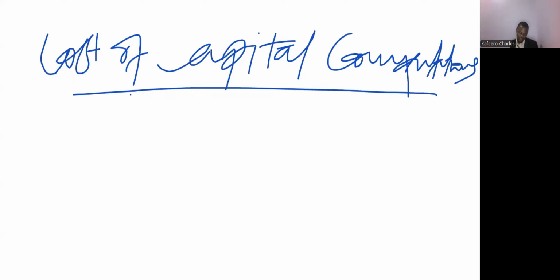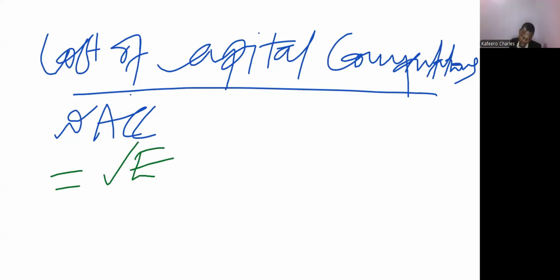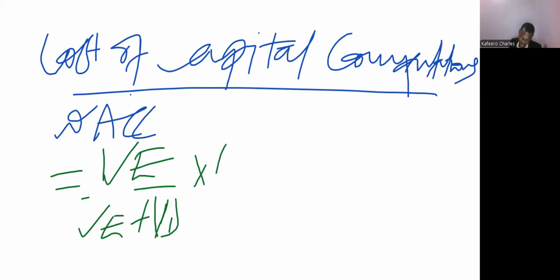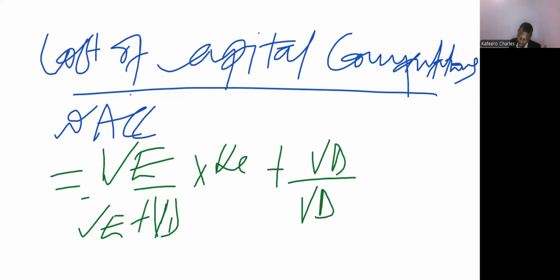Since we have done that, we want now to look at computation of what we call the WACC, which I gave the formula as VE over VE plus VD times KE plus VD over VD plus VE times KD adjusted for tax.